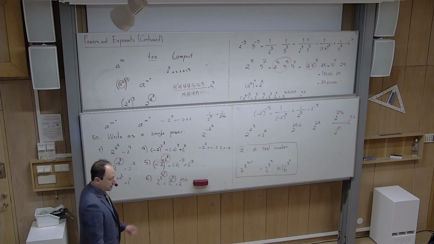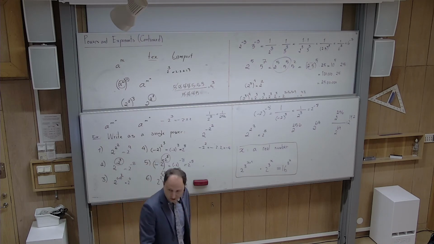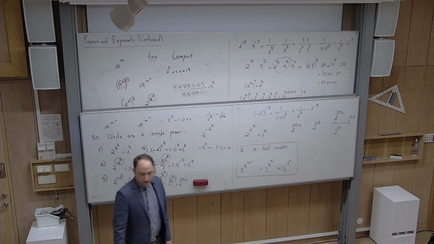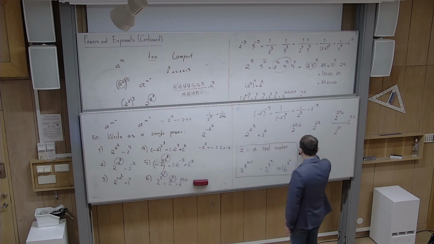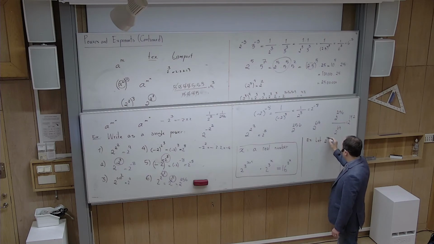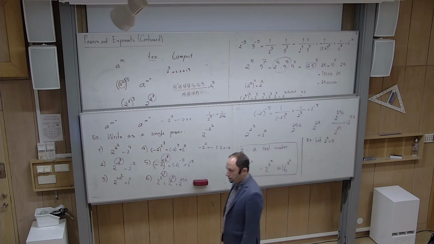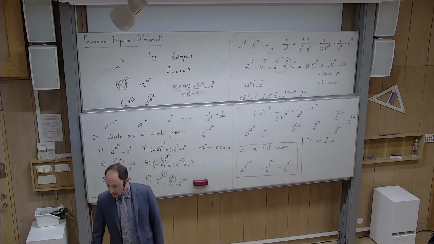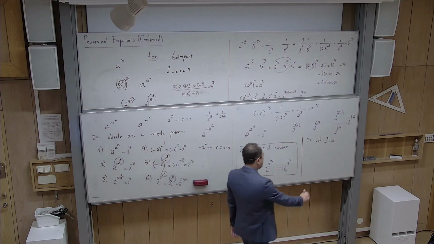Okay. Now, for now, let me give you another question which we want to solve now. So, example: let 2 to the power of x be equal to 10. 2 to the power of x is equal to 10. What is the exact value?